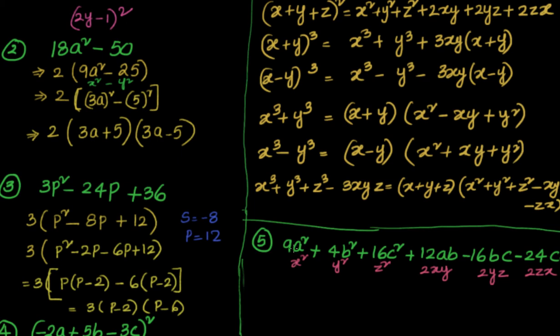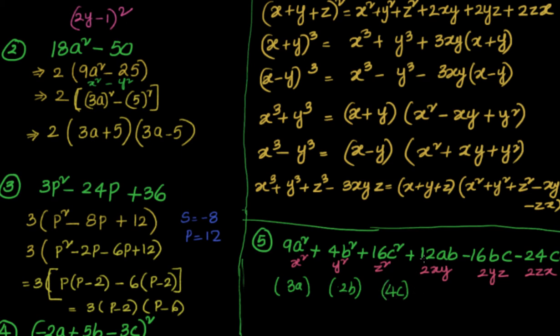So my x is 3a. Let's put them down one after the other. Let us say x equals 3a, y equals 2 square, so I will say 2b, and z equals 4c. That is also fine.